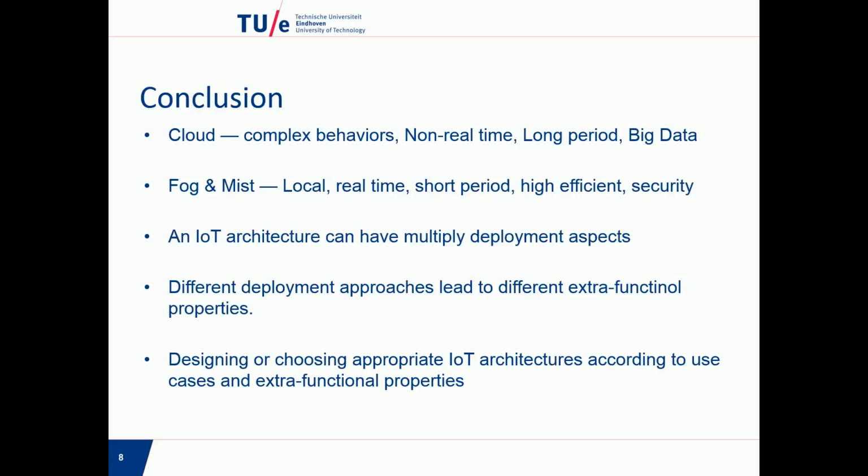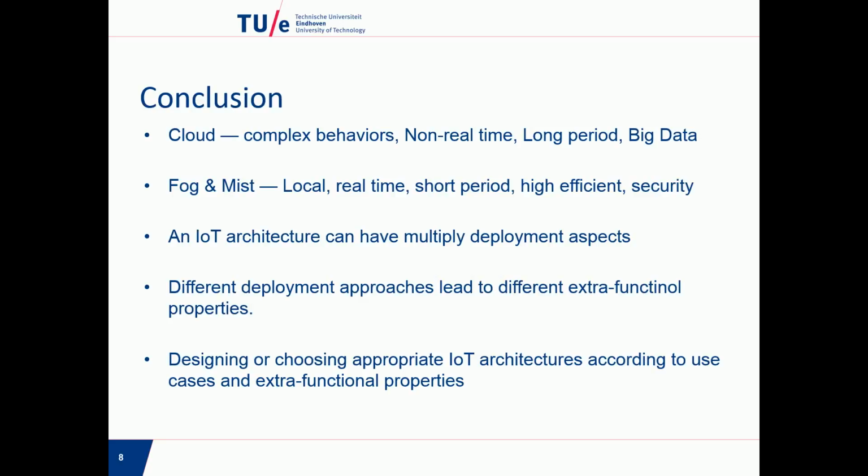This makes the cloud fit for analyzing non-real-time, long-period big data and deciding the complex behaviors of the devices, while the mist and the fog fit for executing real-time tasks and analyzing local data because of their less storage and less processing capacity, but lower latency.